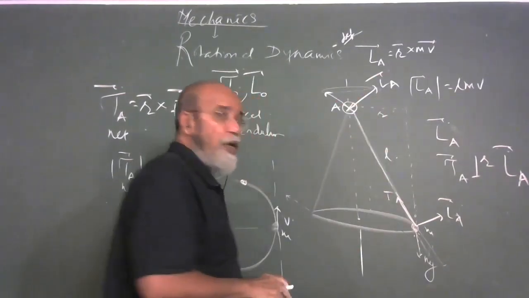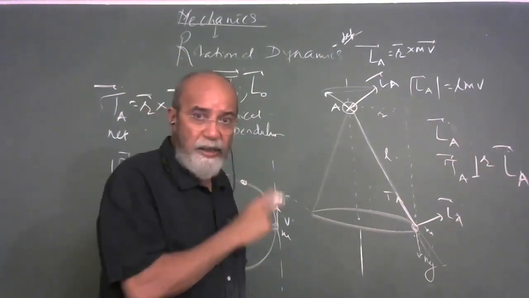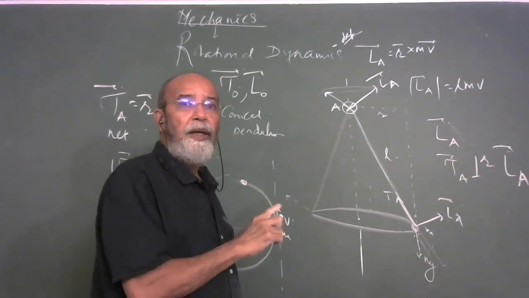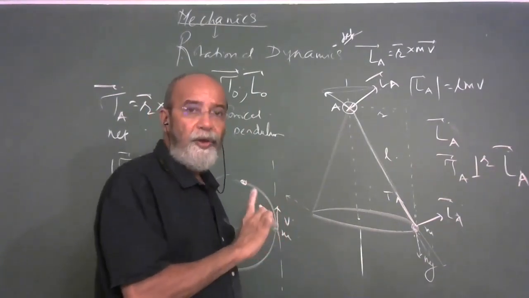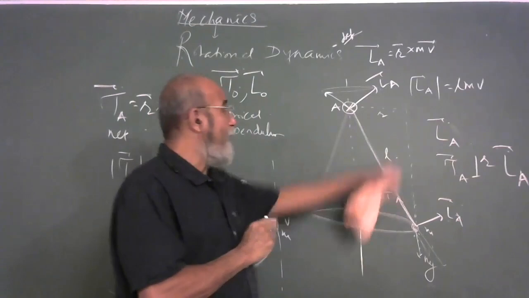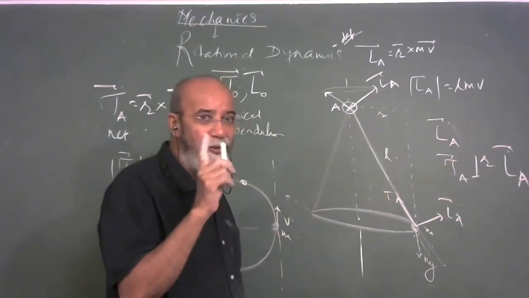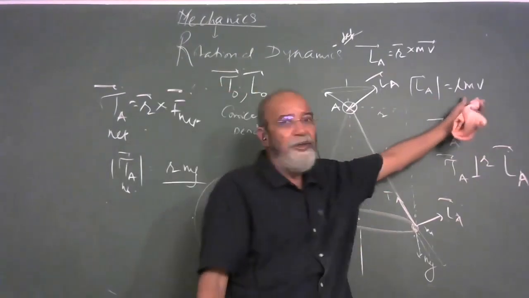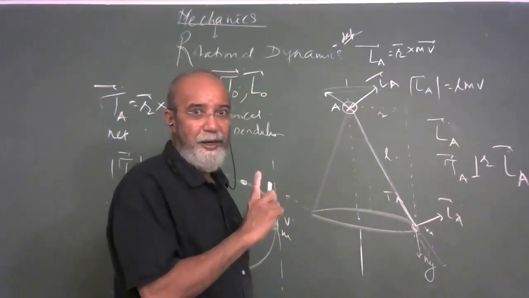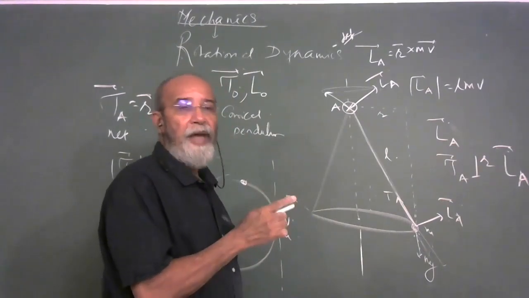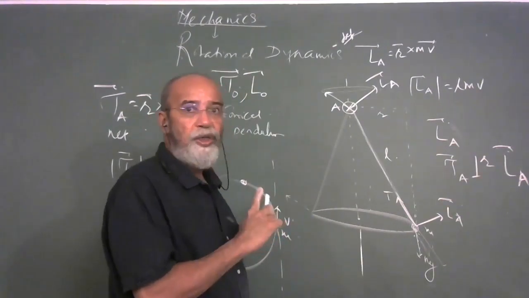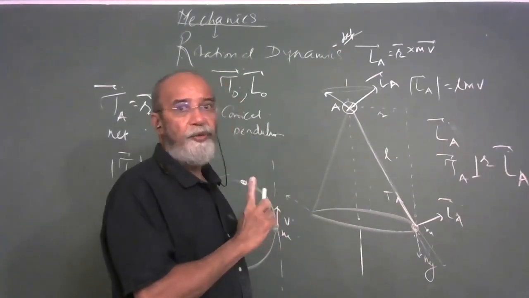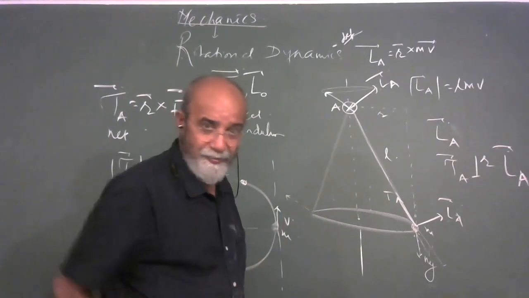And hence, because the torque is acting perpendicular to L, L will rotate in uniform circular motion. Its magnitude will not change, but the direction will change. The L vector executes a uniform circular motion.